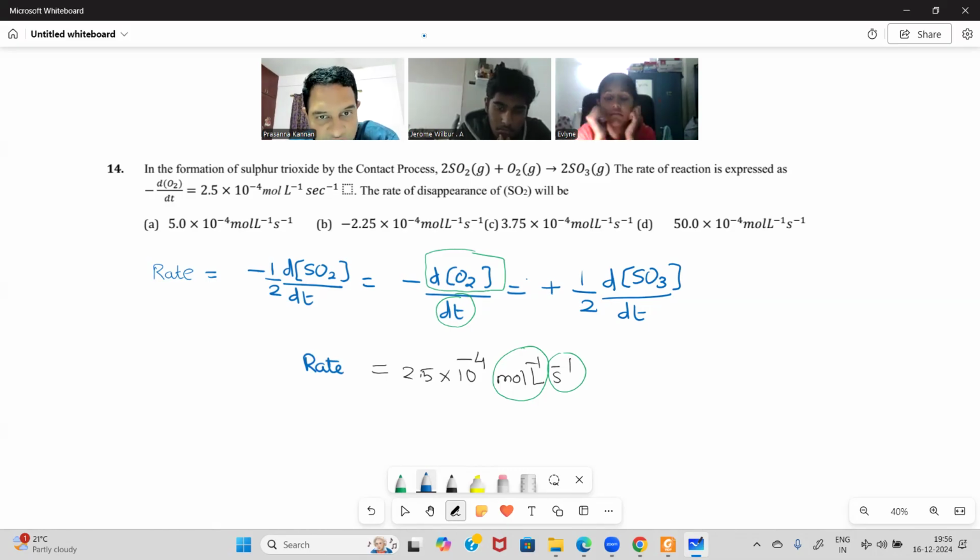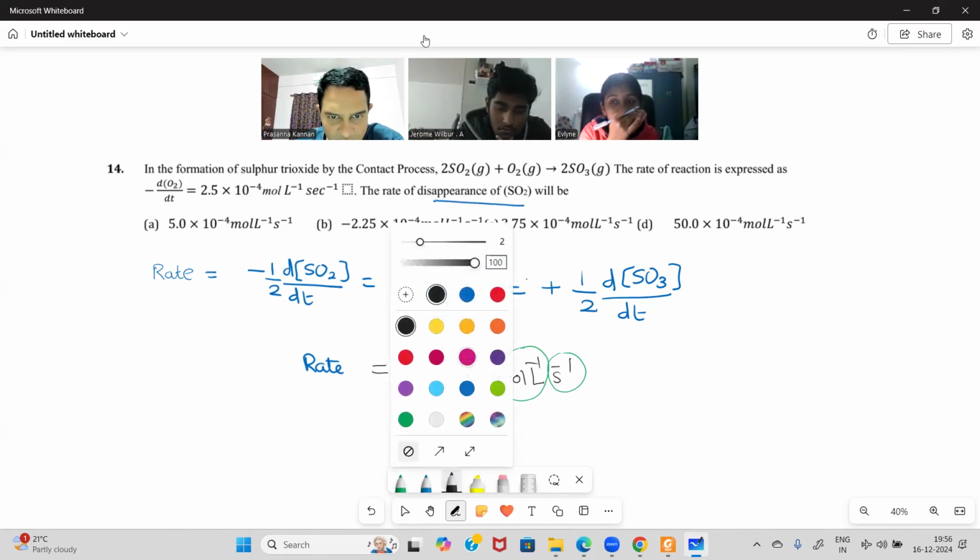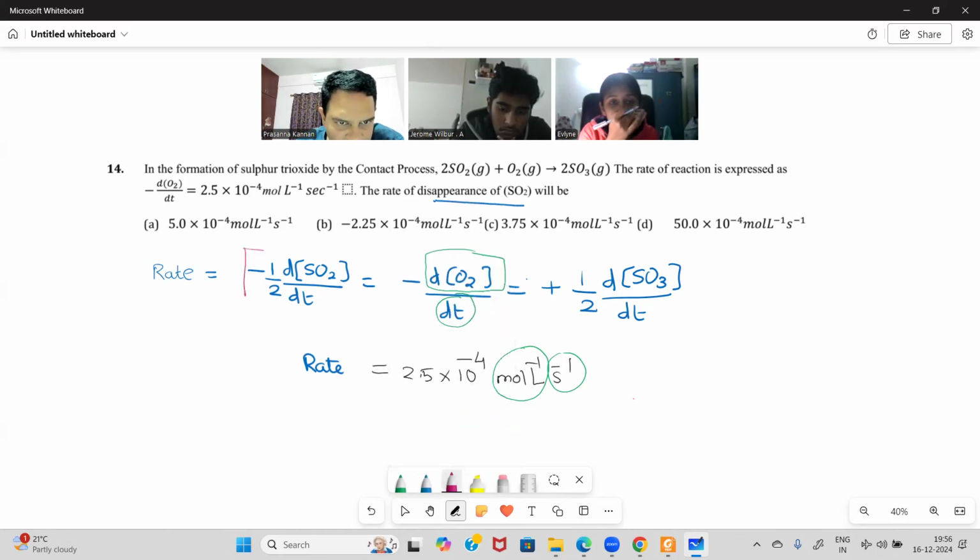Now, what is asked is the rate of disappearance of SO2. So that means they've asked you only this, right? That is called rate of disappearance of SO2. So we can equate these two.